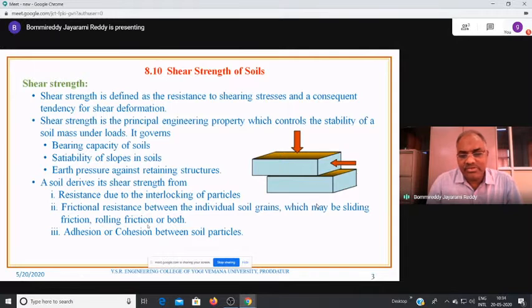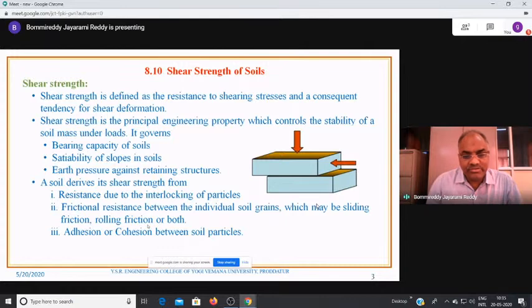When some load is acting on the soil, then friction will develop between the soil particles. So that is called the generalized friction between the grains. Sometimes it may be sliding friction in which the particles are sliding, or sometimes we can call it rolling friction, where the particles are having friction while rolling from small disturbance, or some combination of these two.